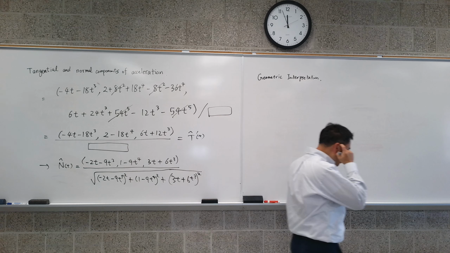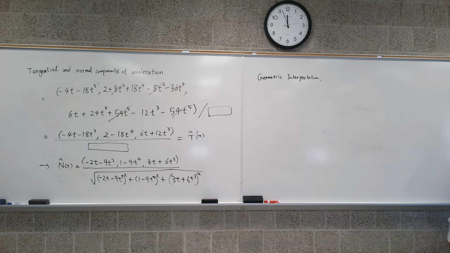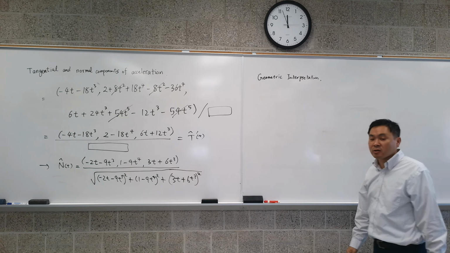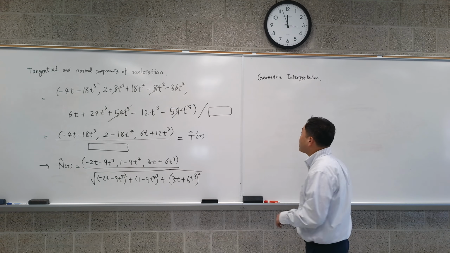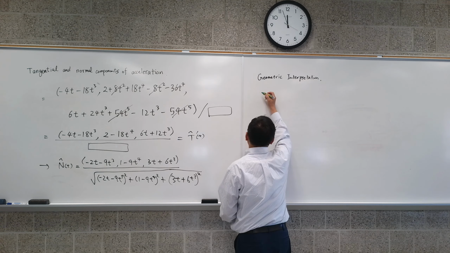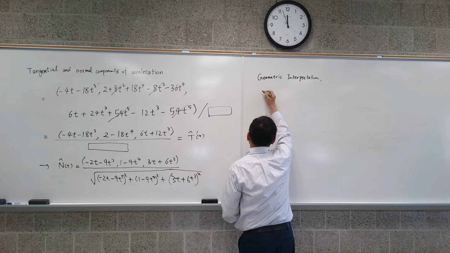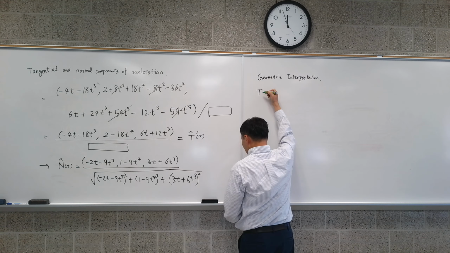It's important to have some geometric interpretation of what's going on here. So let's go back to what we've discussed so far. I did some horrible computations. Forgive me for showing you such a horrible computation.